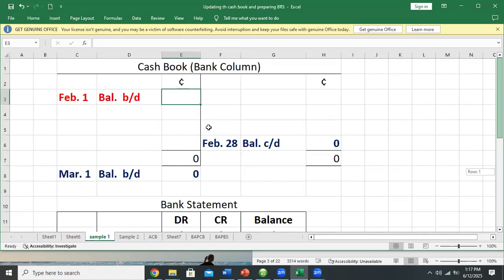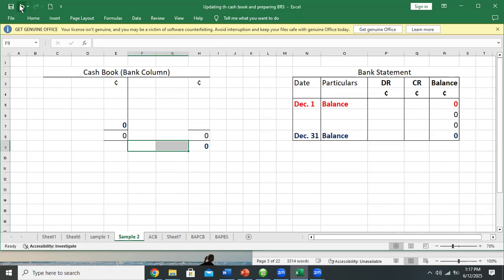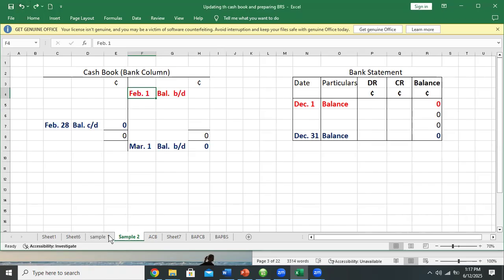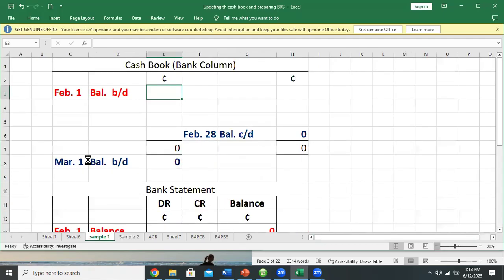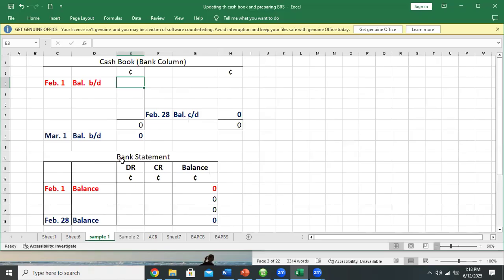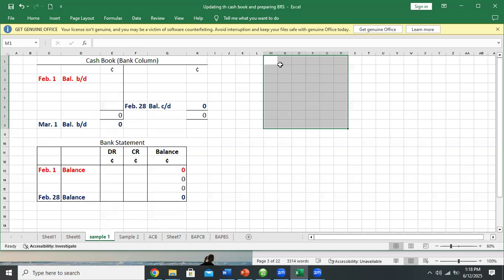I want you to appreciate these things very well. That's why I'm doing all these gymnastics. I could have just given you the format and we roll with it, but you need to understand the format, right? That's why I'm taking the pain to do some of the things I'm doing here.